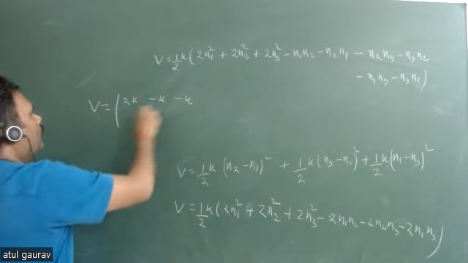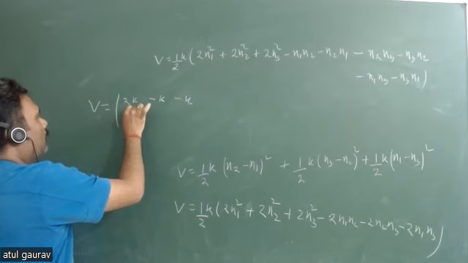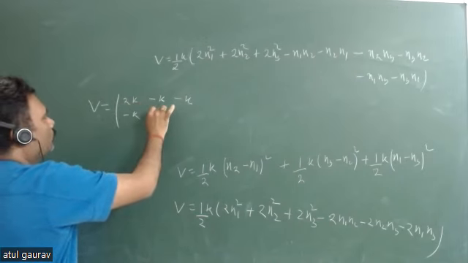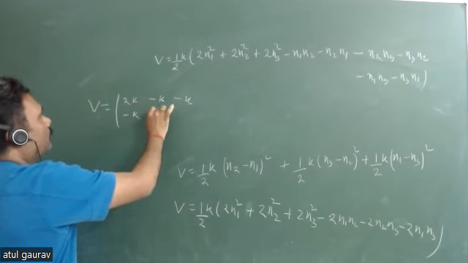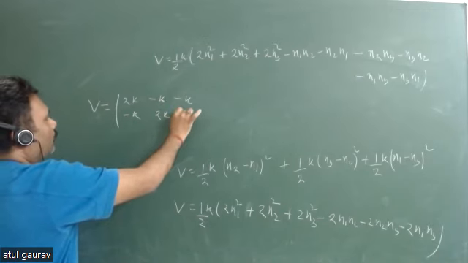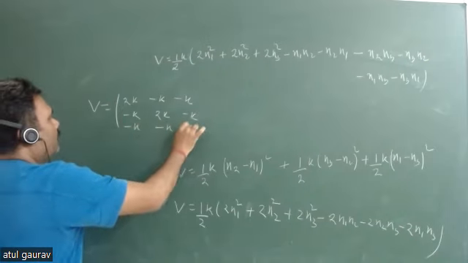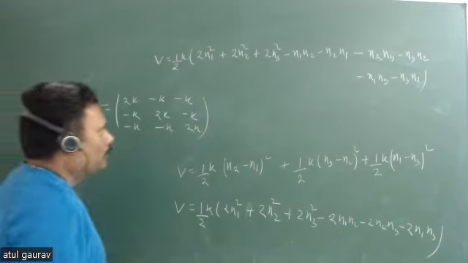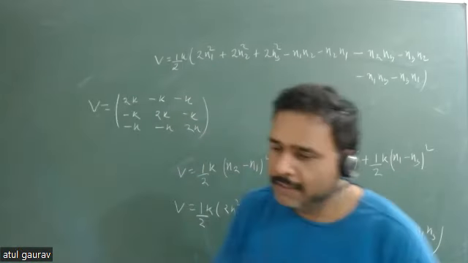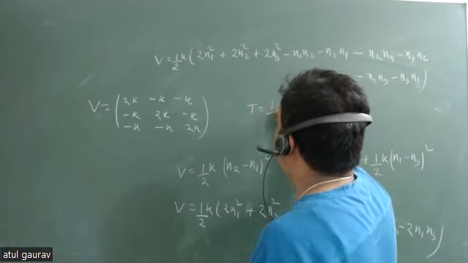Very good. (2,1) minus k. (2,2) 2k. Very good. (2,3) minus k. Very good. Minus k, 2k. That's very simple. Now, what is my kinetic energy matrix?